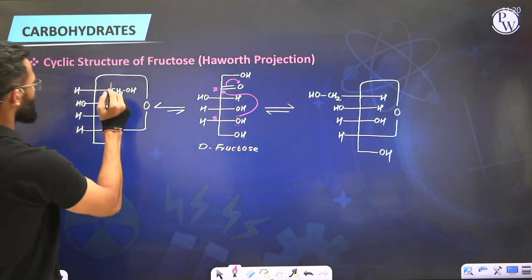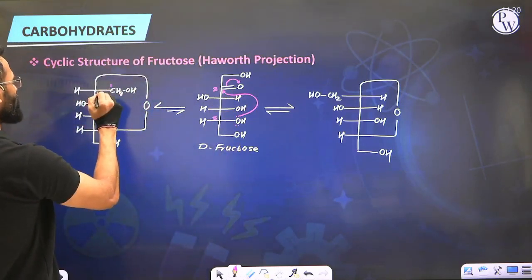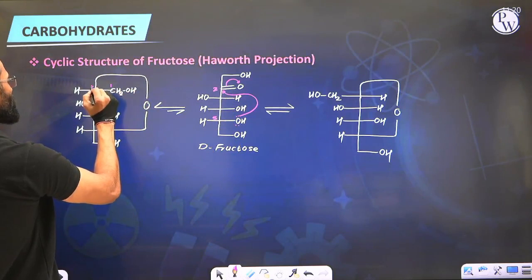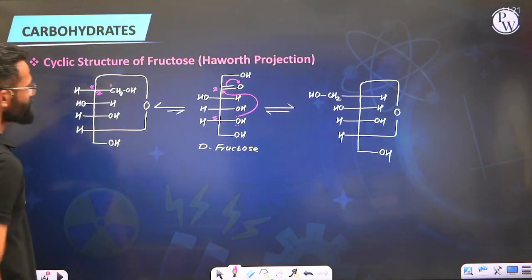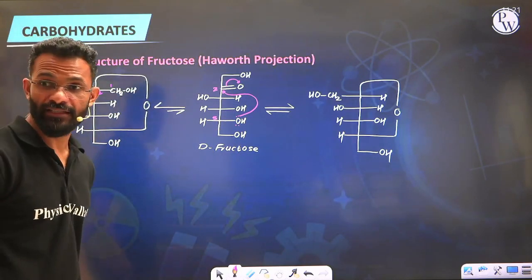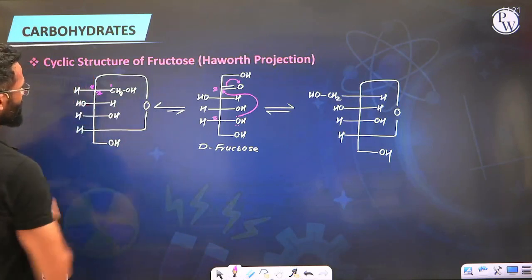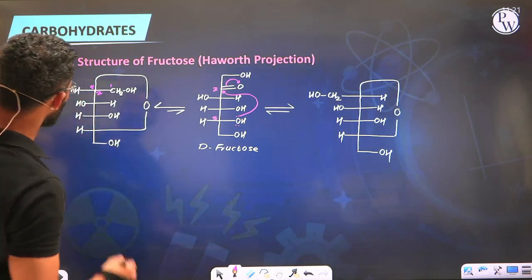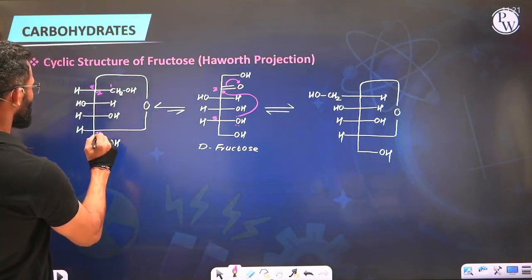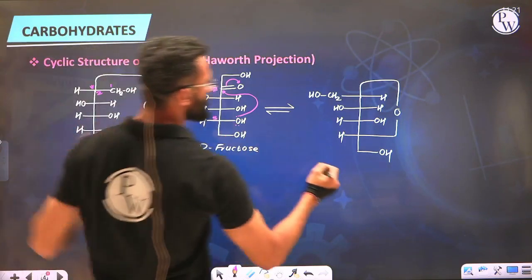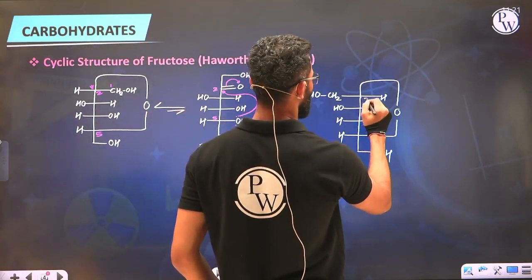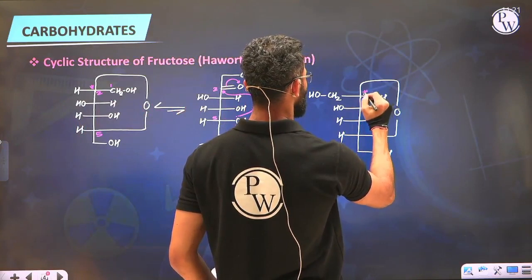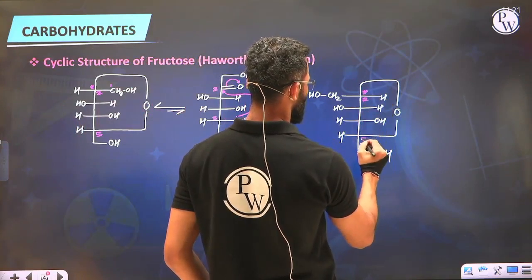So that is your carbon number 2, which has become the newly formed chiral carbon. Same way here, this is the newly formed chiral carbon atom number 2, and this is carbon number 5.